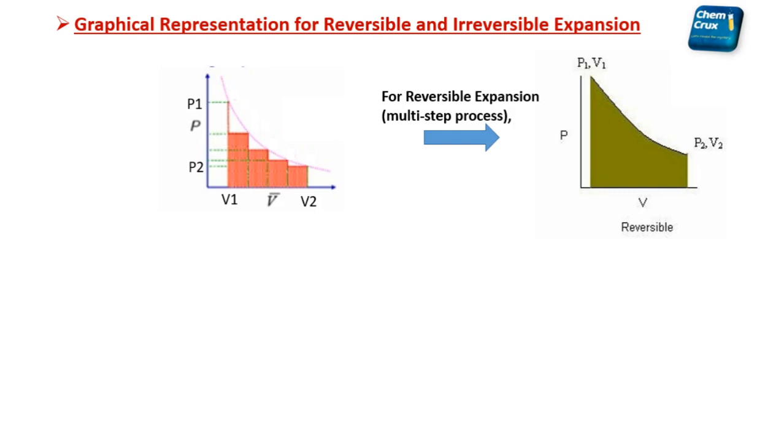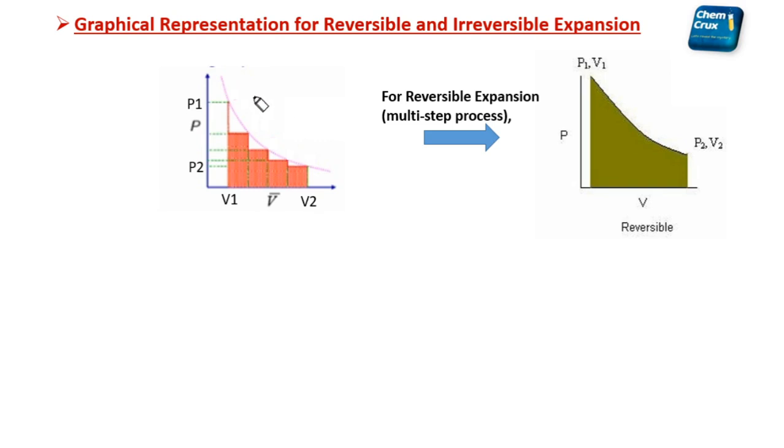Now coming to the graphical representation. First we will discuss the graphical representation for reversible and irreversible expansion. As we have discussed in our previous slides also, for reversible expansion the final pressure will be less than that of the initial pressure and volume will increase from V1 to V2.